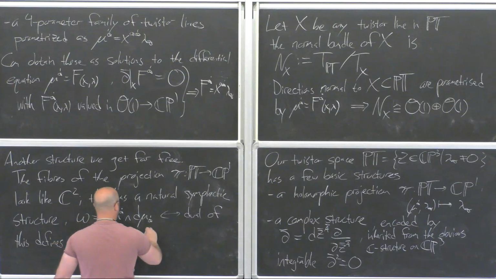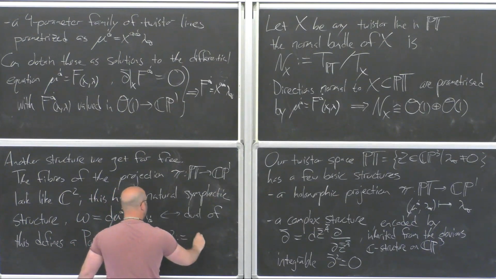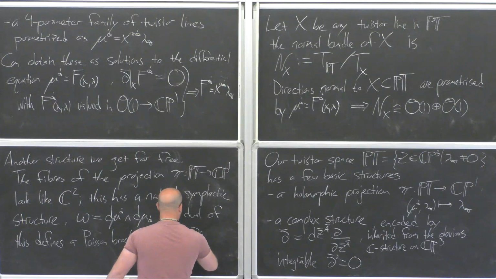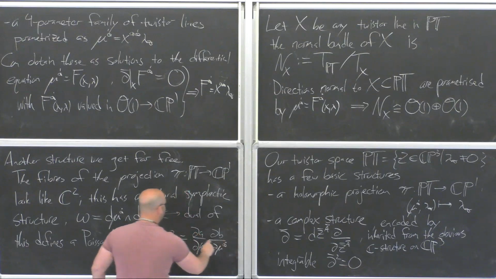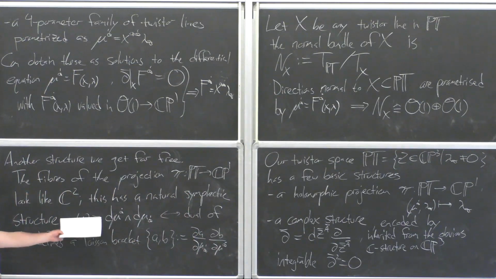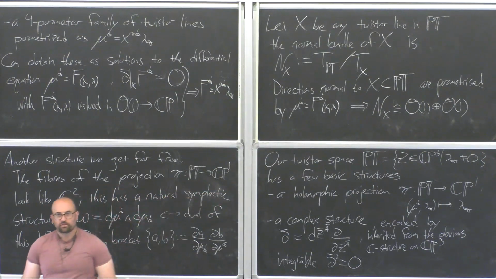So what is this Poisson bracket? The Poisson bracket of A and B is just dA by d mu alpha dot, dB by d mu alpha dot. This is the Poisson structure dual to that symplectic structure. Okay? So this is something we get for free once we have this projection.